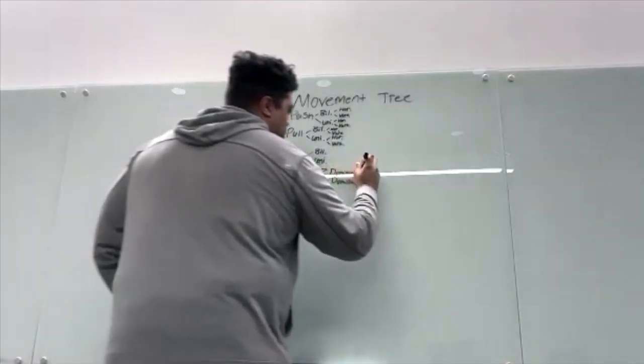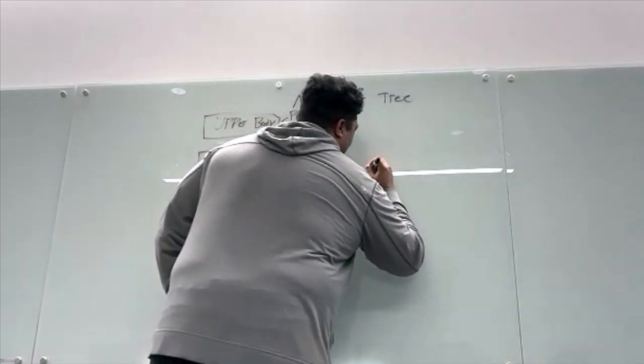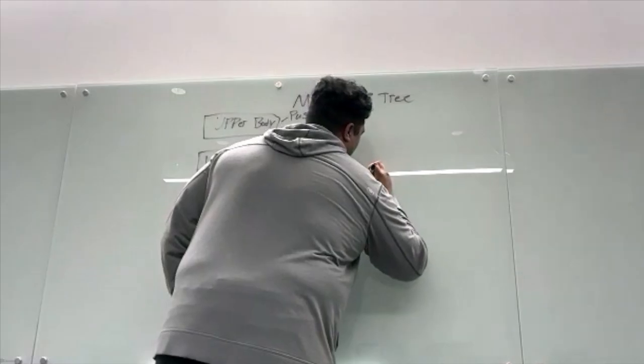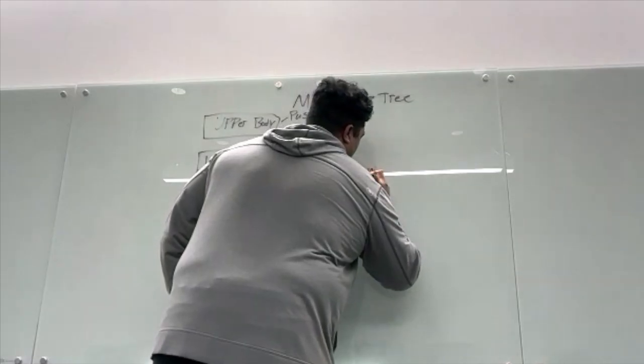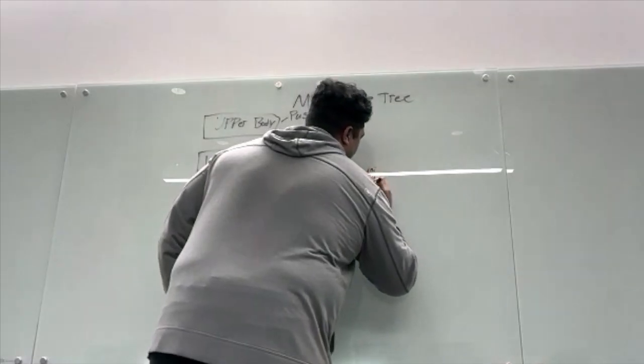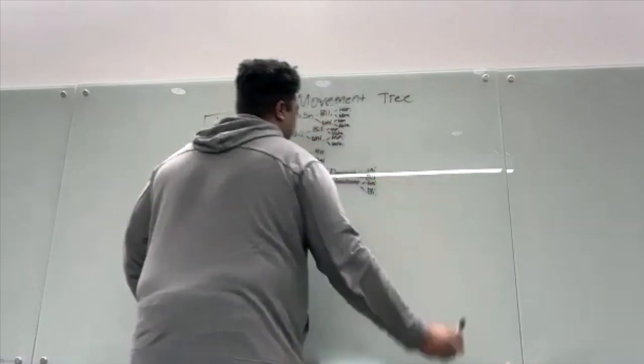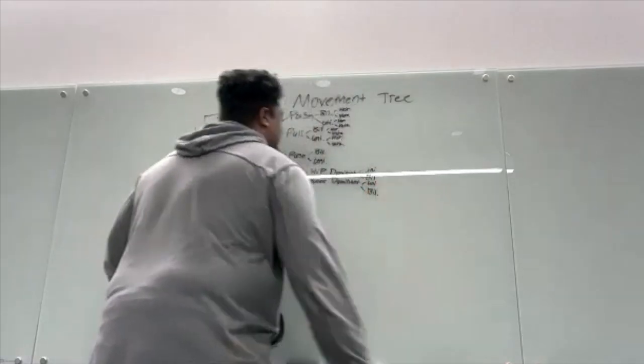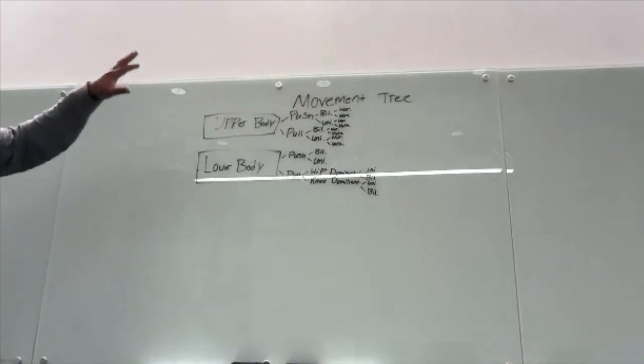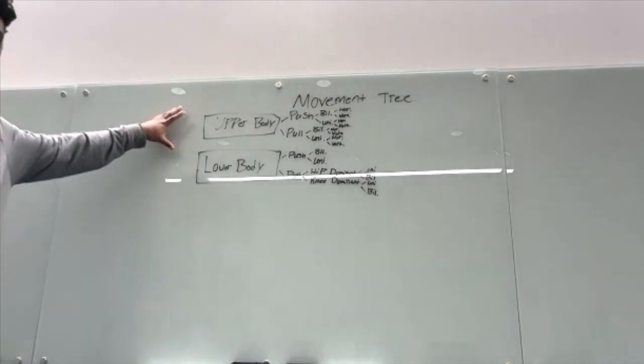Then from here, you can do unilateral, bilateral, unilateral, bilateral. All right. So here's your quick, easy movement tree.